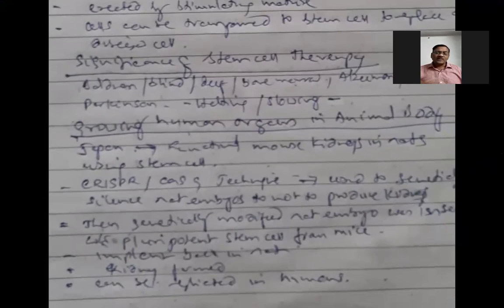These kinds of experiments for the future are vigorously being done by people now. Japan in particular is advancing with these techniques. What they have done is that till now, they have grown a mouse kidney in a rat using stem cells. They took out the embryo of the rat successfully.